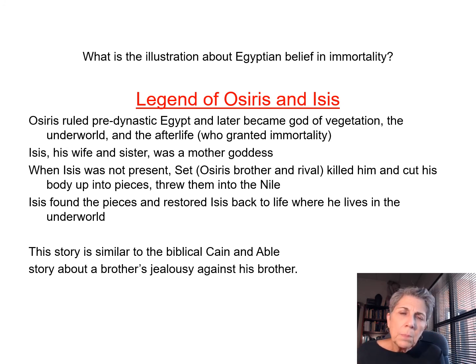And so this impulse to create, we want to tell stories and we want to create this literature that really talks about or defines who we are. And so the legend of these two gods, Osiris and Isis, is actually very important because it's very similar to the Cain and Abel story when you review this.